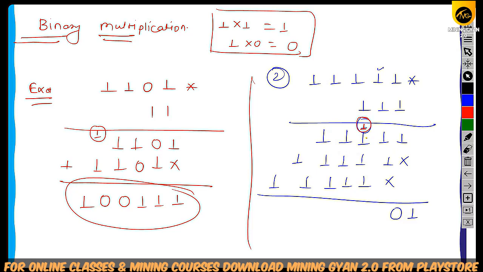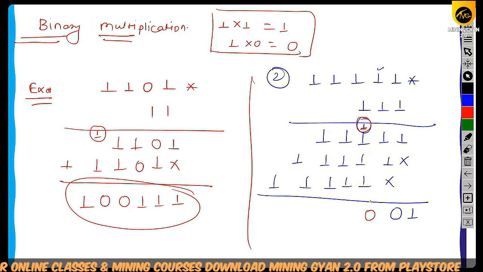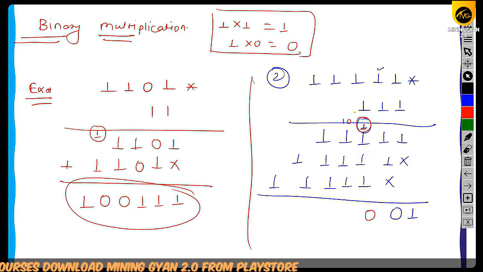Okay, and 1 0 plus 1, it will become 1 1, and 1 1 plus 1, it will become 1 0 0. Okay, so basically it's a 0 and the carry will be 1 0.